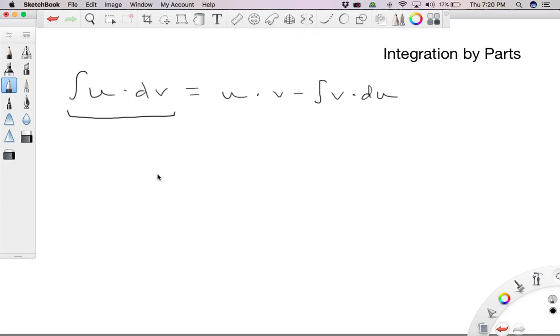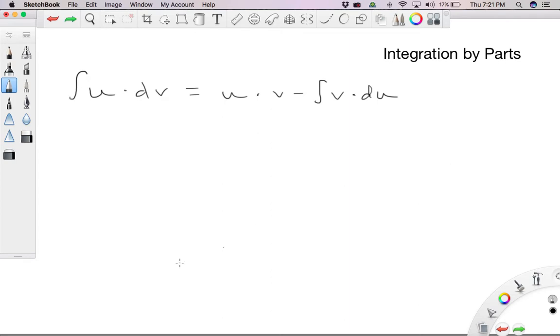And I would say that this is basically the product rule for integration. It's kind of a misuse of the word because the product rule is a rule for derivatives. However, this is going to allow us to take the integral of the product of two different functions that we know something about.